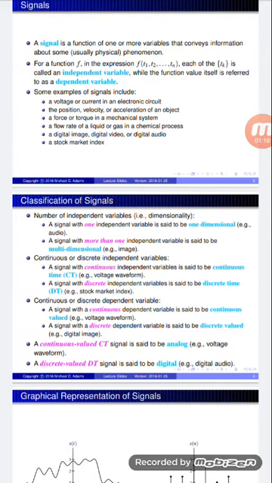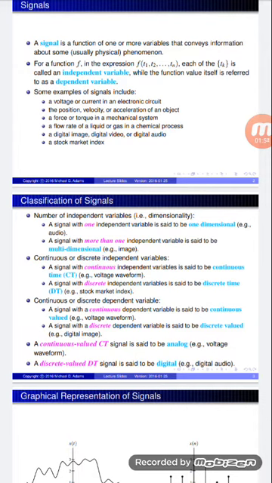For a function f, in the expression f of t1, t2 up to tn, each tk is called an independent variable, while the function value itself is referred to as the dependent variable.